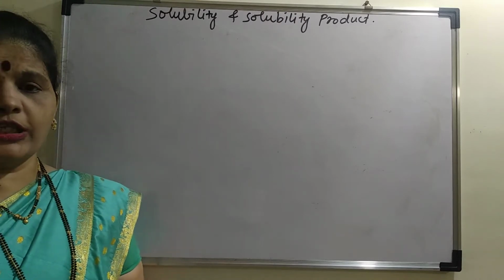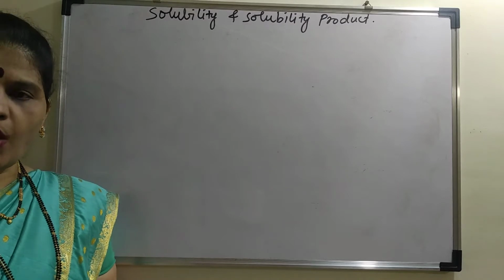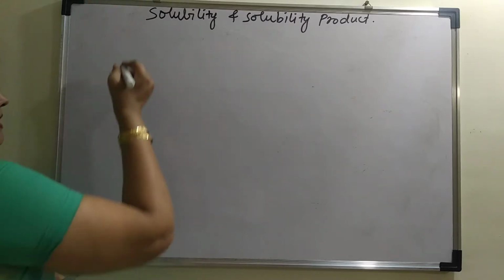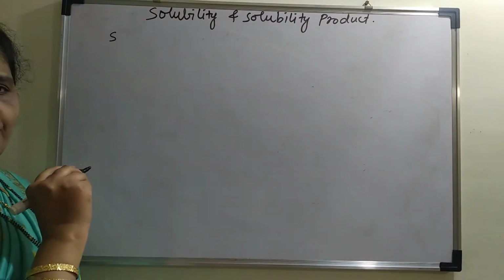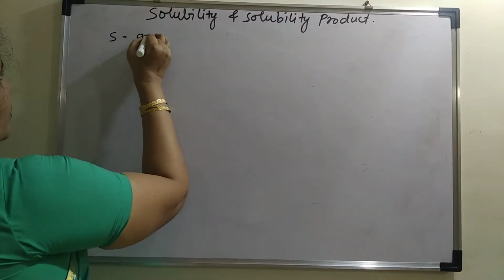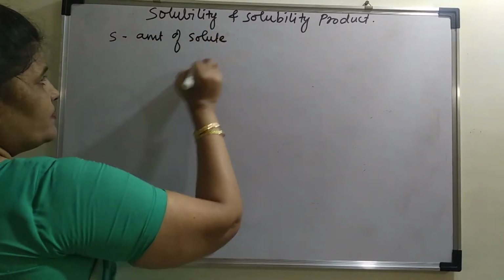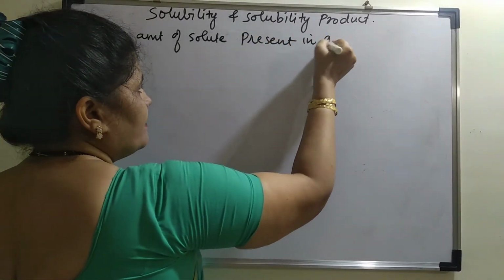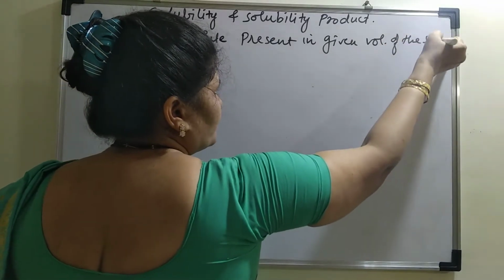So solubility of any substance in a given volume of the solvent will give me how much concentration of the substance is present in the given volume of the solvent, that is solubility. So I can say that solubility, denoted by small s, is the amount of substance, I can call it a solute, the amount of solute present in a given volume of the solution.